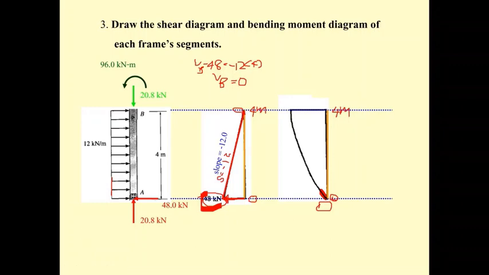Up until this we have the slope equal to 48. And then also the shear changes from 48 to 0. So that means at the end of this, the slope is going to be 0.